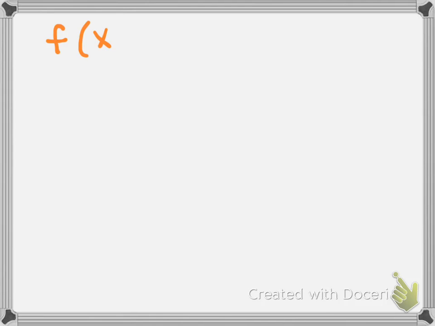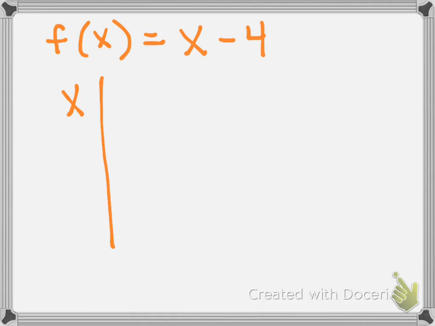The function of x equals x minus 4. Let's make another table. So I've got x on this side, and on this side I've got the function of x, which again, is just like y. Let's throw some negatives in there.